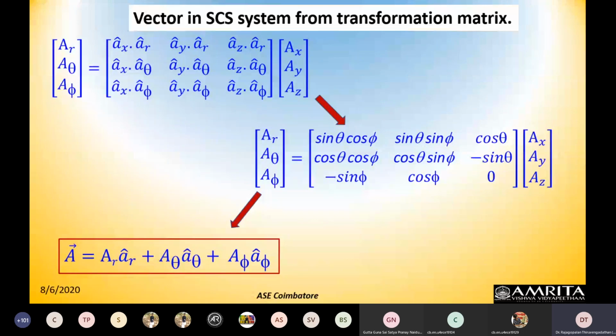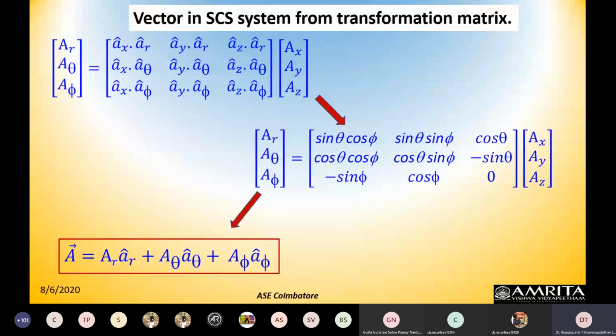Now if I have to do the reverse, that is, knowing the spherical coordinate system components, I have a perfect cubical symmetry, but my given vector function is in spherical coordinates. It is easier to tackle such problems in the rectangular coordinate system, where all three axes are linear.